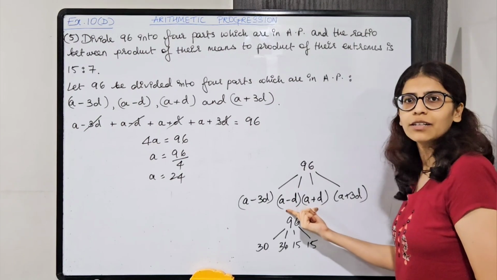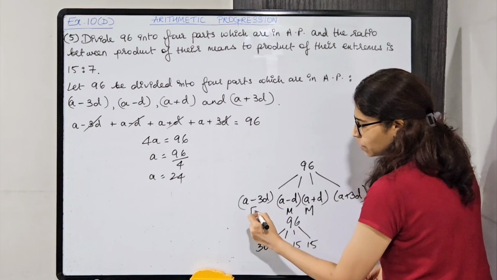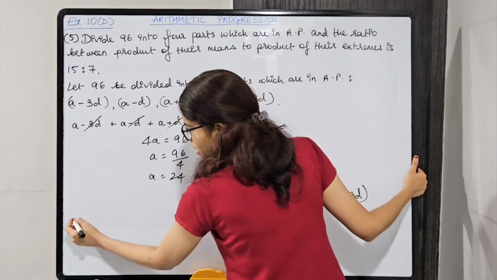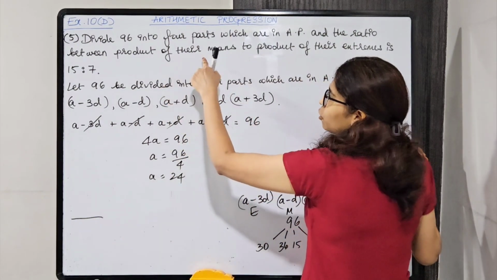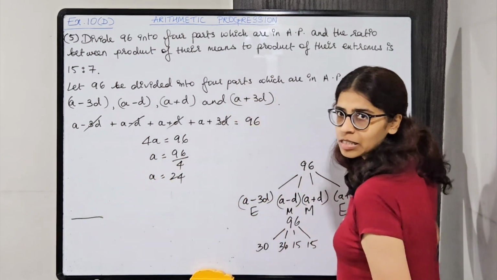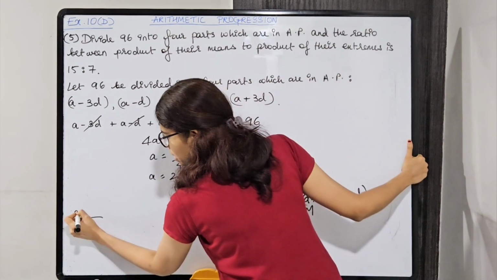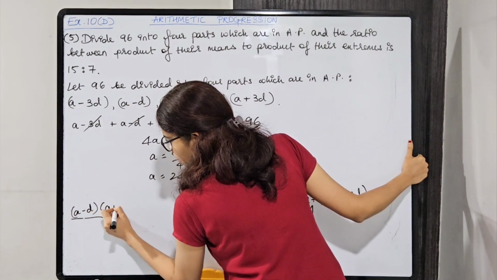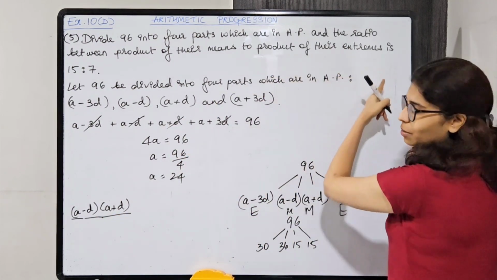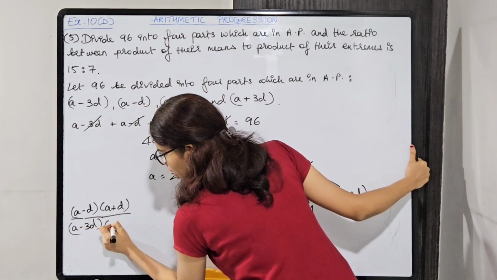Means is between वाला terms. सो ये दो बिटवीन वाला टर्म्स आर मीन्स एंड जो एंड वाला टर्म्स है वो है एक्सट्रीम्स. सो व्हाट इज द कंडीशन गिवन? द रेशियो. सो देयर इज अ रेशियो बिटवीन प्रोडक्ट ऑफ देयर मीन्स. सो प्रोडक्ट ऑफ मीन्स पहले लिखा है तो मीन्स हम लोग पहले न्यूमरेटर में कंसिडर करेंगे. प्रोडक्ट है सो मीन्स दोनों का प्रोडक्ट लो, a minus d into a plus d. Okay, in denominator, product of their extremes. सो एक्सट्रीम्स का प्रोडक्ट लो, it will be a minus 3d into a plus 3d.